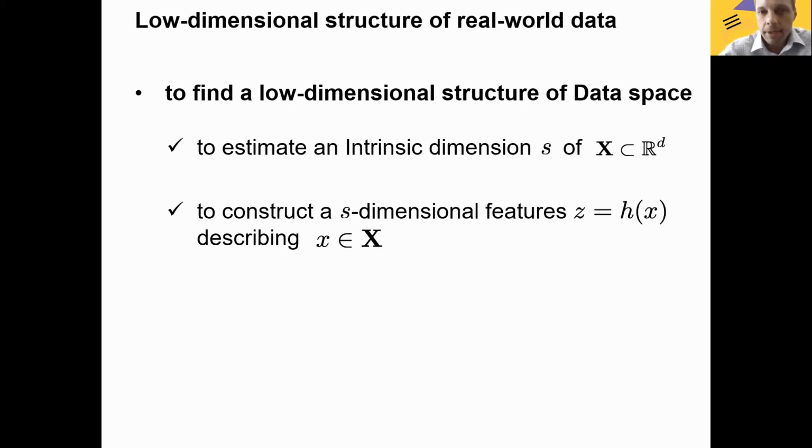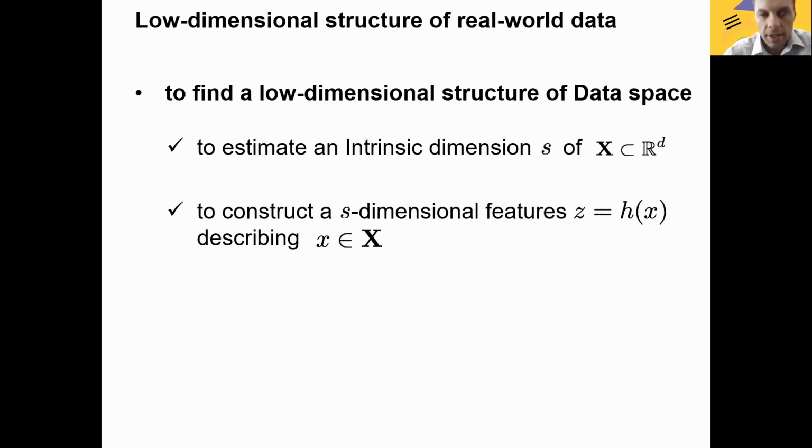What do we actually need? We would like to find the low dimensional structure of data. First of all, we need to estimate the real intrinsic dimensionality of the data. That is the number of independent parameters that are necessary to describe all variations in the obtained data set. This is the first thing.